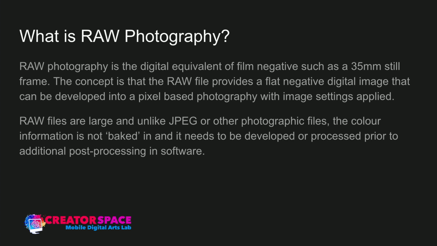So raw photography is the digital equivalent of a film negative, such as a 35mm still frame. Originally, when photography started, 35mm is not just a random term, it refers to 35mm being a square part of film negative. So you're exposing 35mm horizontally, like a square image of film.